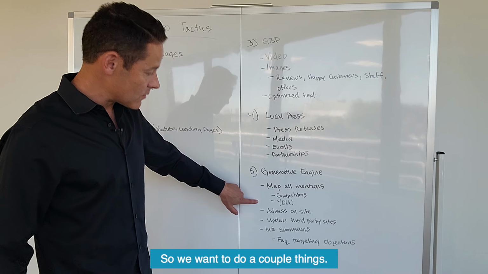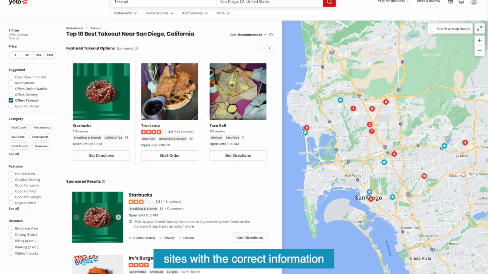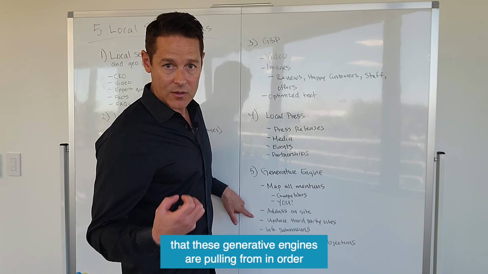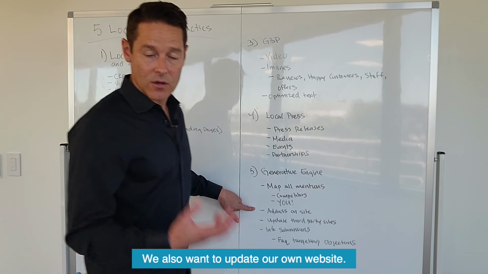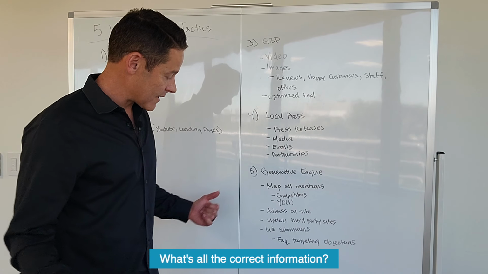So we want to do a couple things. We want to make sure that we update all the third-party sites with the correct information that these generative engines are pulling from in order to show information about you, right? We also want to update our own website. So, what are all the questions and answers? What's all the correct information?